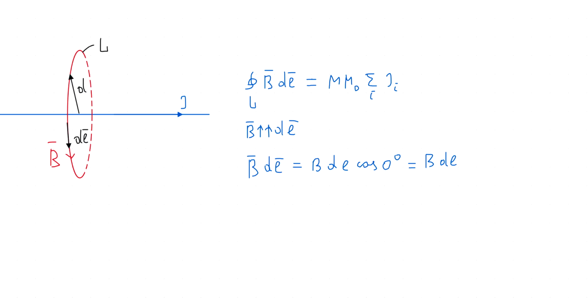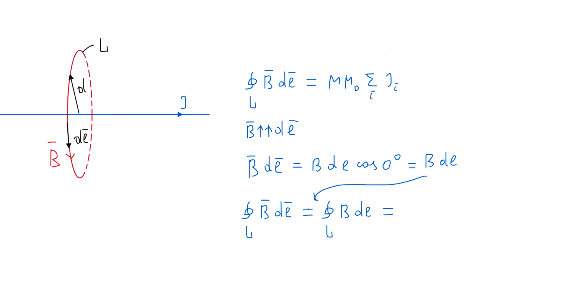So according to this, we can write that this integral becomes simpler, because now it doesn't contain vectors. It contains only moduluses of vectors.